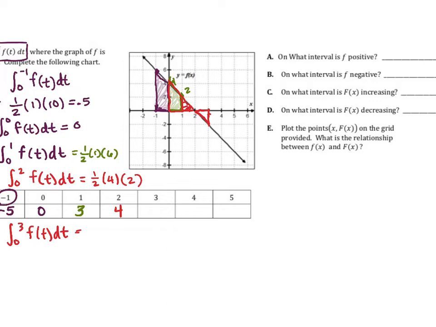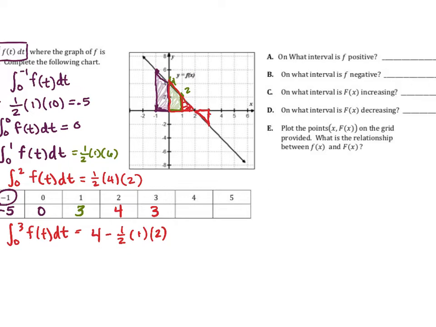From 0 all the way over to 2, we found that region is 4. Then I've got to subtract from that this smaller region here. We're going to do 1/2 the base, which looks like a 1, times the height, which is 2. That gives me 4 minus 1, which is 3.